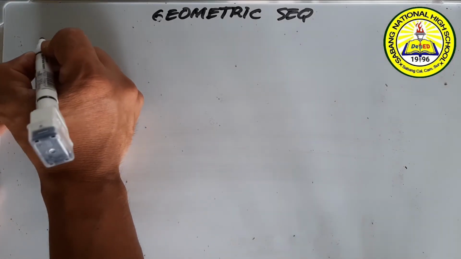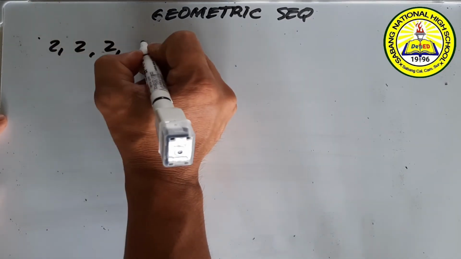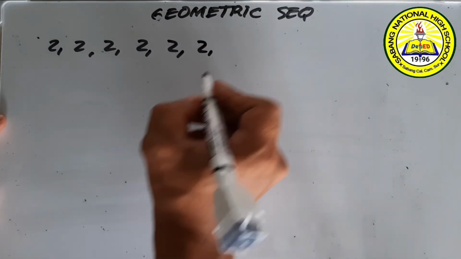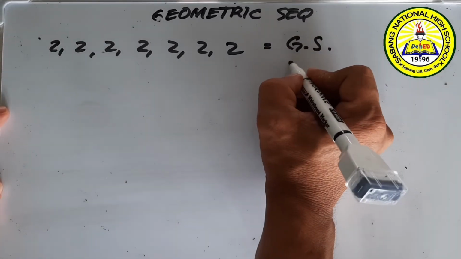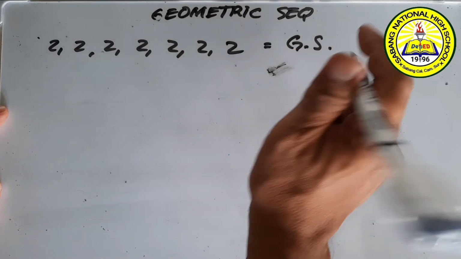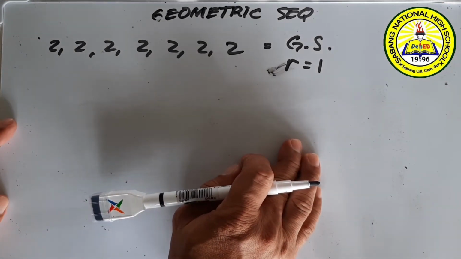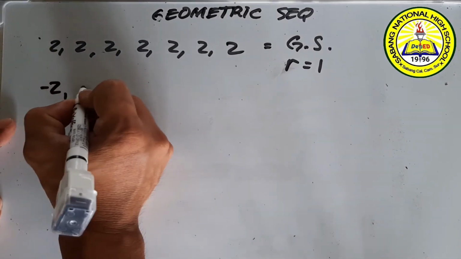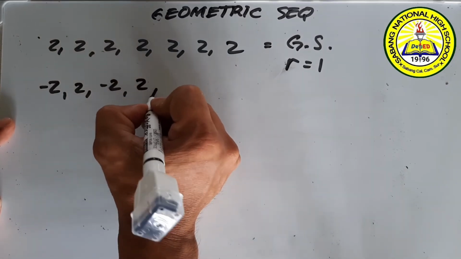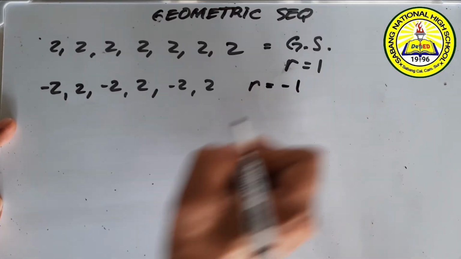Thus, if we take a sequence 2, 2, 2, 2, 2, 2, 2, this is still a geometric sequence where the common ratio is 1. So, if all the numbers in a sequence are the same, that is a geometric sequence where the common ratio is 1. Another, if it is negative 2, 2, negative 2, 2, negative 2, 2, this is still a geometric sequence wherein the common ratio is negative 1.